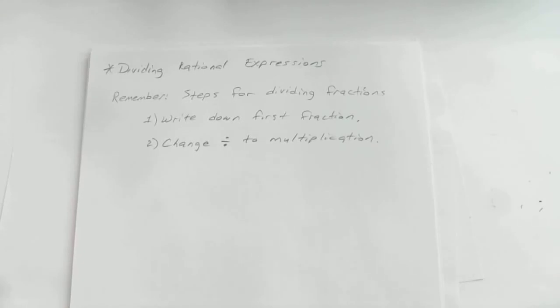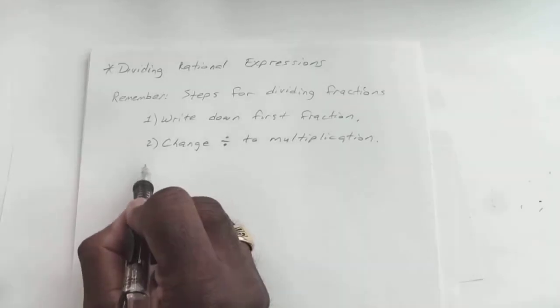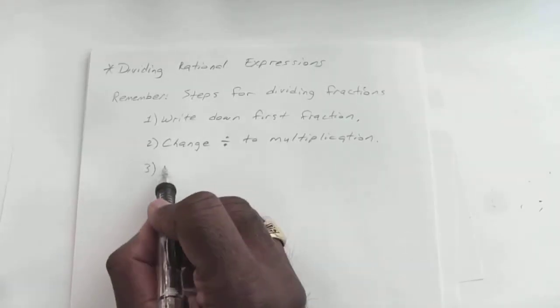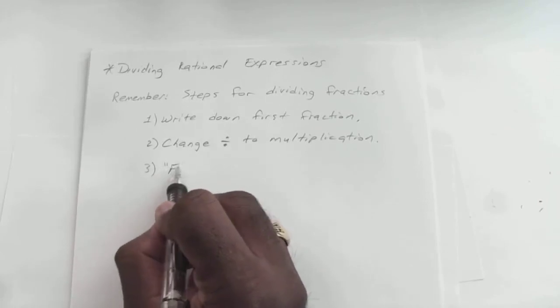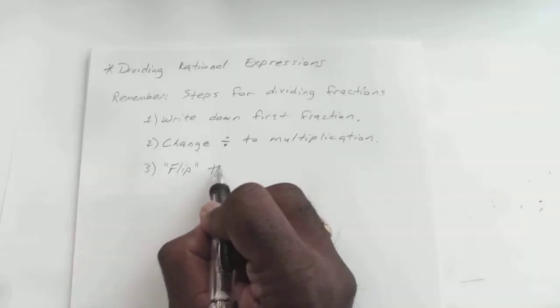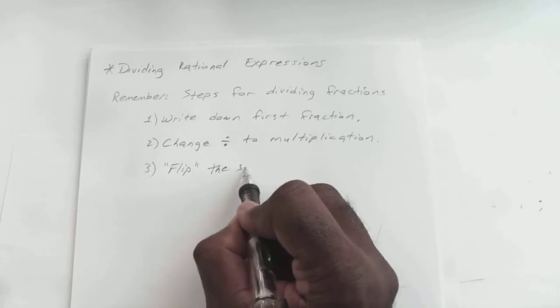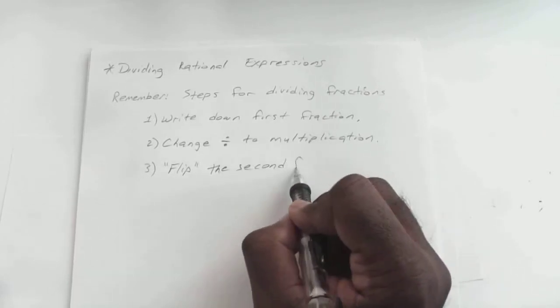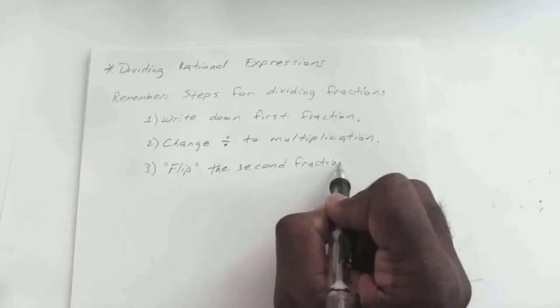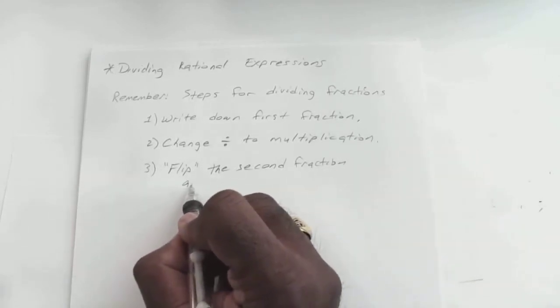Then your third step, you're going to flip the second fraction, so you're multiplying by the reciprocal of the second fraction. You just flip the second fraction and multiply.